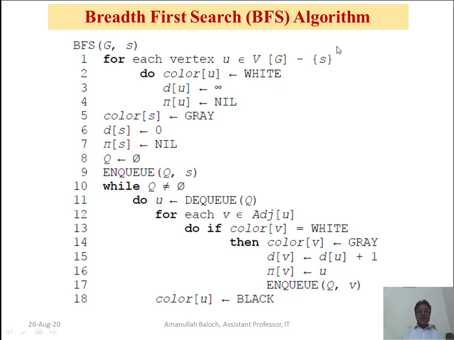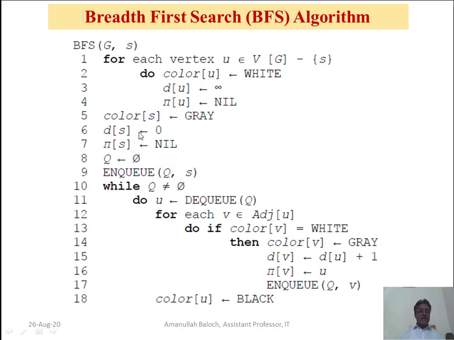Then we have subtracted the source vertex from this set, so we have not initialized the source vertex in the loop. We initialize it here in lines 5, 6 and 7. The source vertex is passed to this S variable. So the color of that S node which is stored in the memory S, we will make gray.